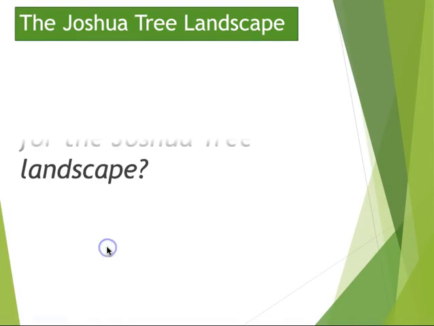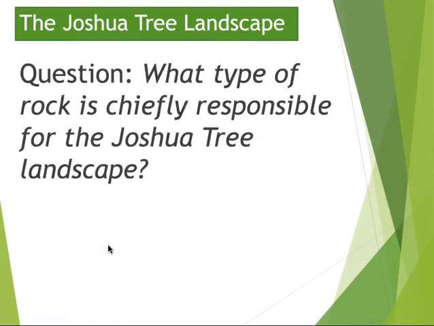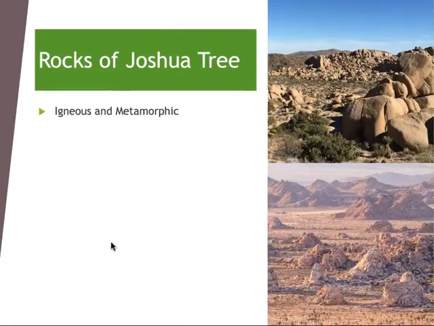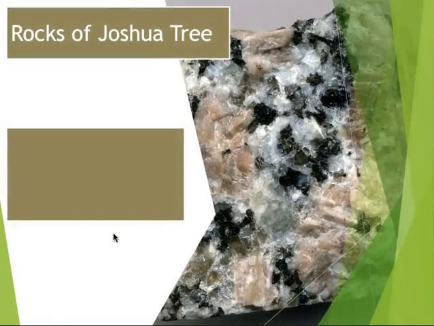Question: what type of rock is chiefly responsible for the Joshua Tree landscape? Both igneous and metamorphic, but it is igneous rocks that are responsible for the landscape that creates the setting for most of Joshua Tree's attractions. Granitics, or granite-like rocks, are intrusive igneous rocks with felsic composition, making them light-colored.